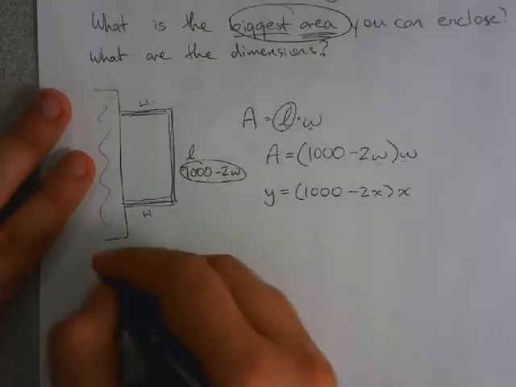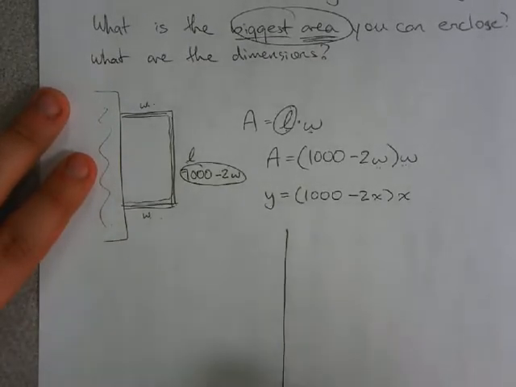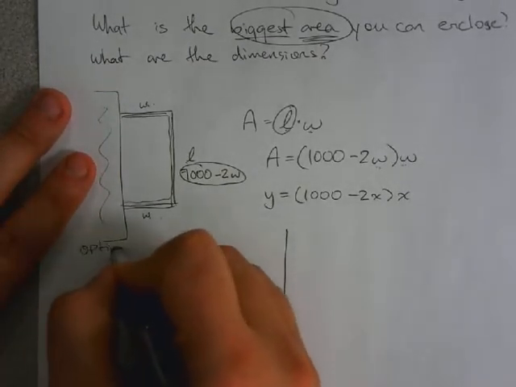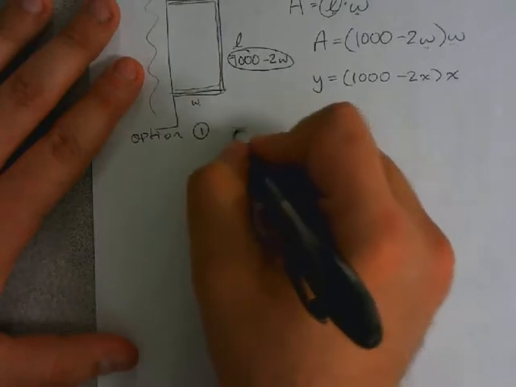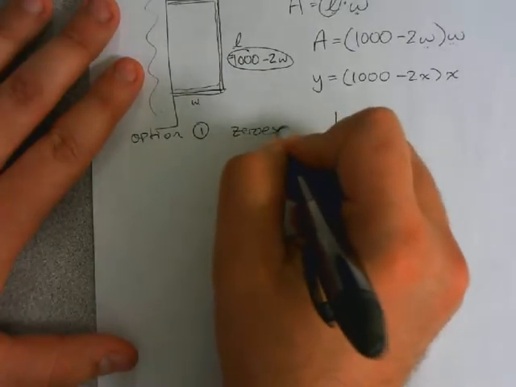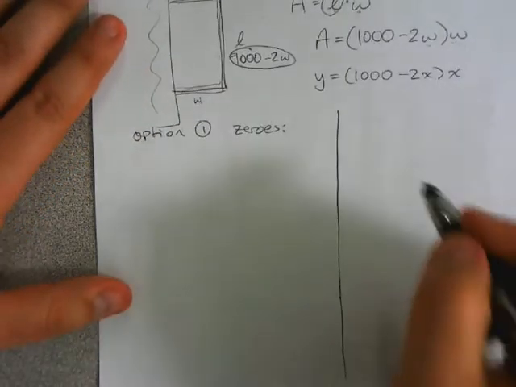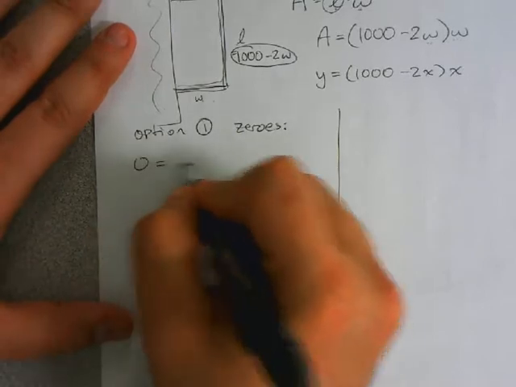So I'm going to do this two different ways. Option one, I'm going to find the two zeros. Zeros mean I'm going to let y be 0.